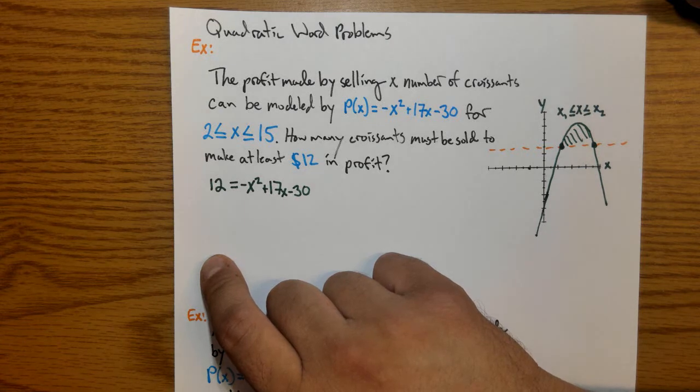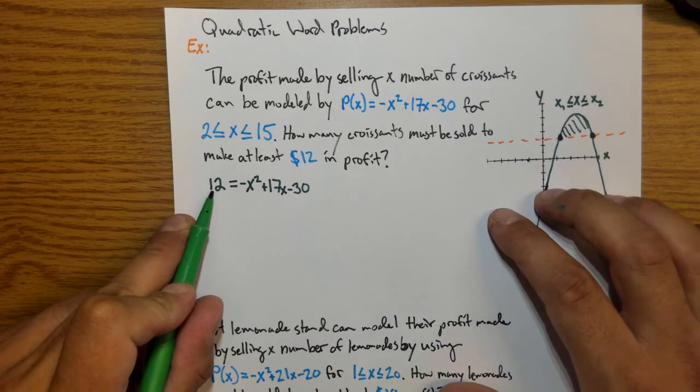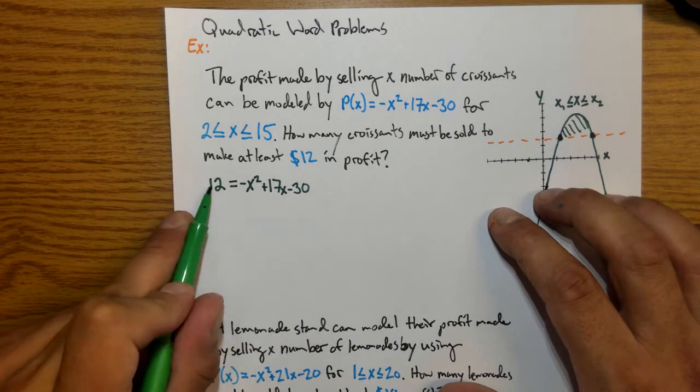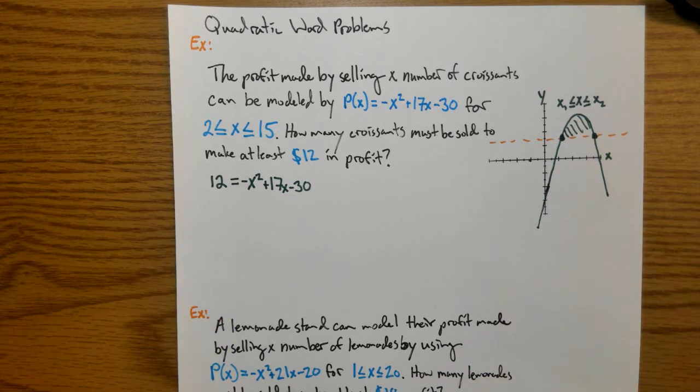Well, that's a great idea. In fact, that's exactly what we want to do. But what we need to do first is move this 12 over because we want to know when it equals 0, or else we're going to get funky answers.